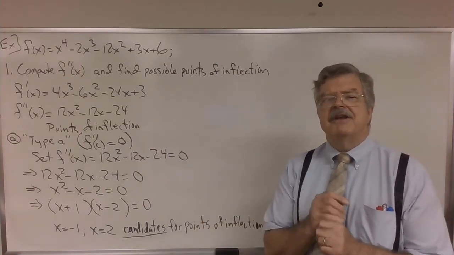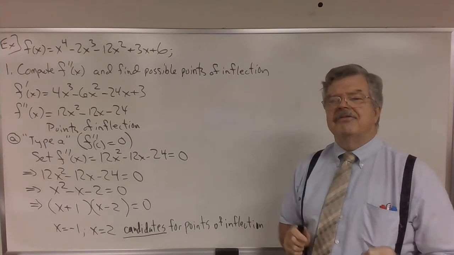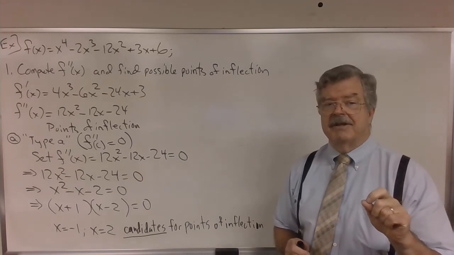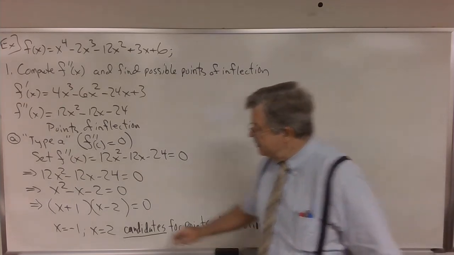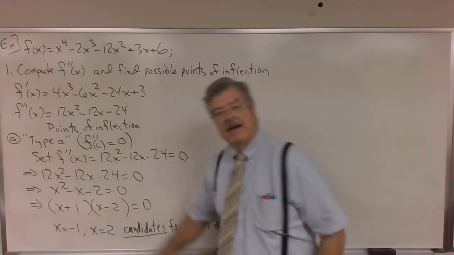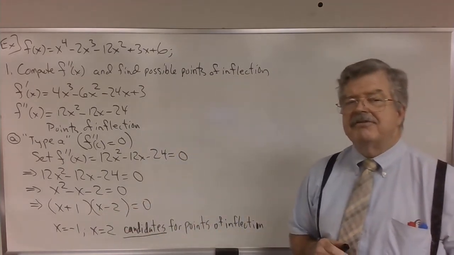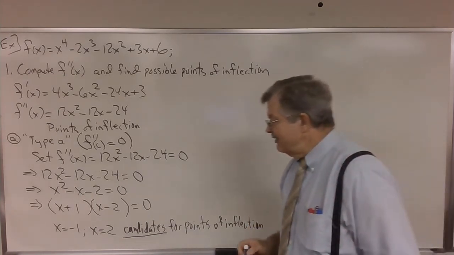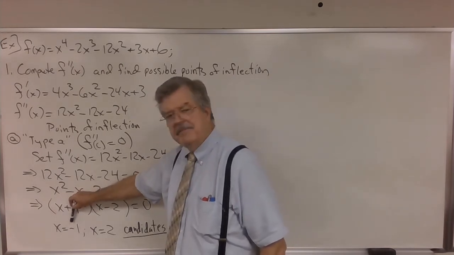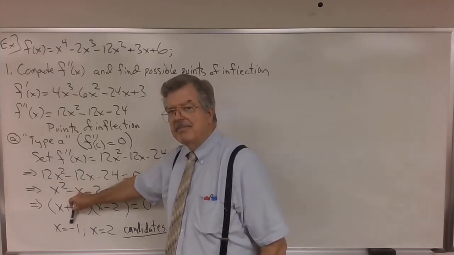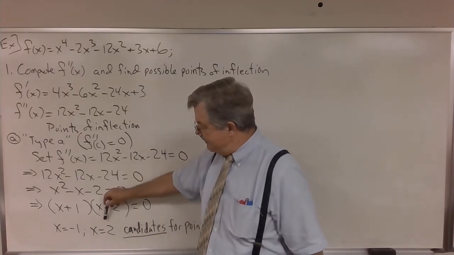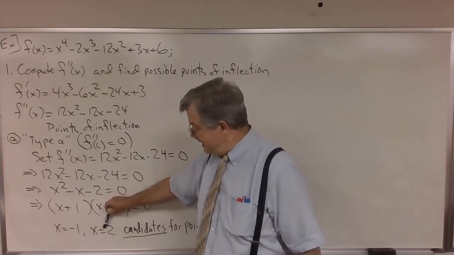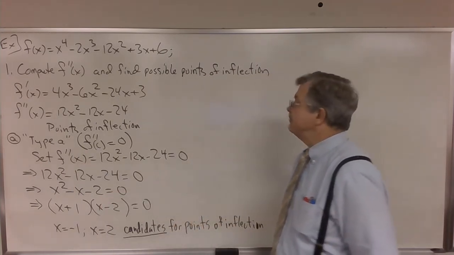Because our definition of a point of inflection is that it has to be a place on the graph where f of x changes concavity. Now, these are going to turn out to be the only two places on the graph where f of x can change concavity. But we have to verify that the function changes concavity here for x equal negative 1 to be a point of inflection. And we have to verify that the graph of f of x changes concavity here to verify that x equal 2 is a point of inflection.